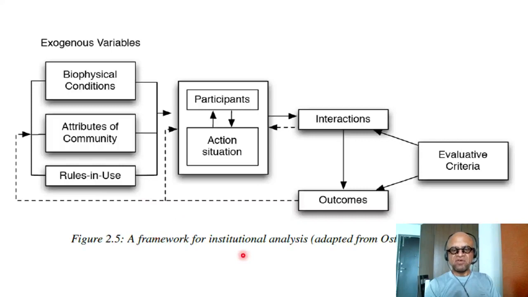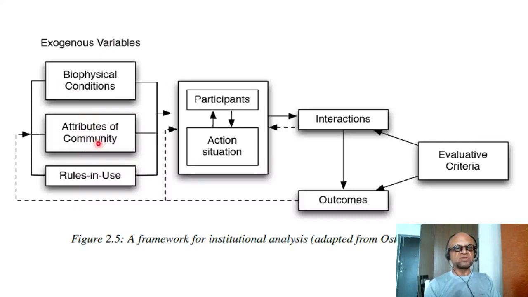So if this is not clear, then you can look at this more detailed one. The framework for institutional analysis requires exogenous variables to be known. There could be some participants that are in an action situation. Again, you can imagine many of them. There are biophysical conditions involved as exogenous variables.